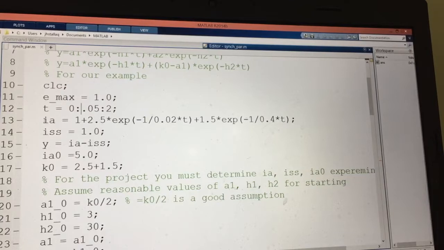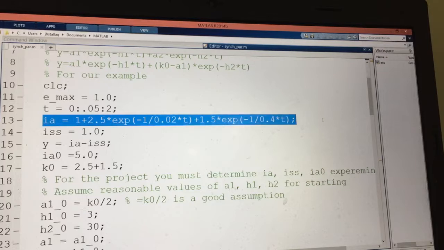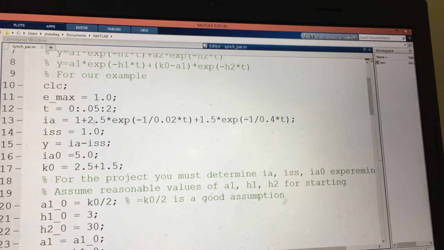And IA, as we assume in our example, is 2.5. Here we can change. We started with subtransient and then the transient. It doesn't matter whether you bring this to this side or this.